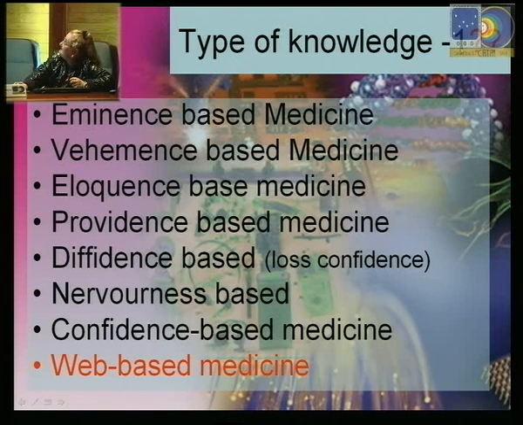The first slide is the, let's say, non-good based knowledge for doctors, but these are knowledge that exist. I mean, there are doctors that base their knowledge on eminence, on vehemence, on eloquence, on providence, on loss of confidence. So instead of saying no, this is that, in order not to show that he is not sure of what he is doing. Nervous based, this is very clear in medicine.